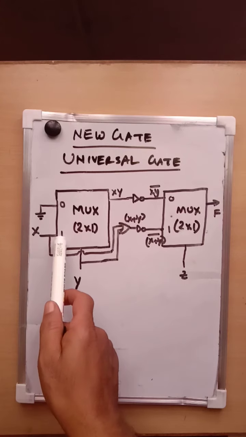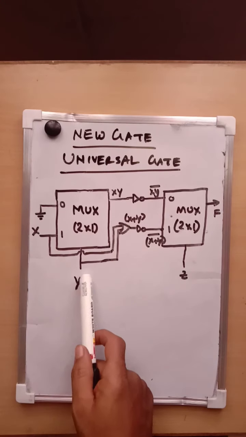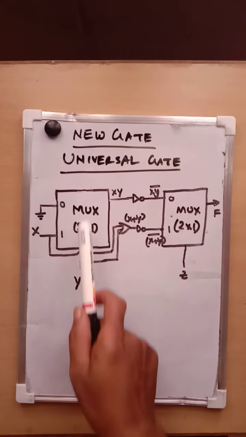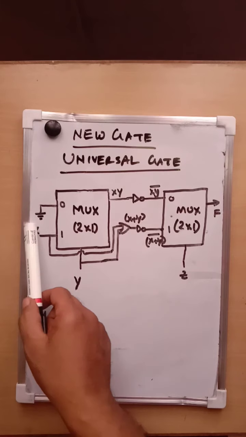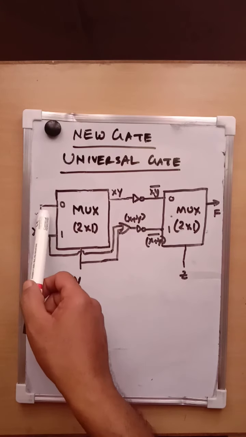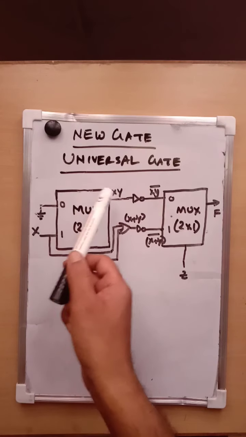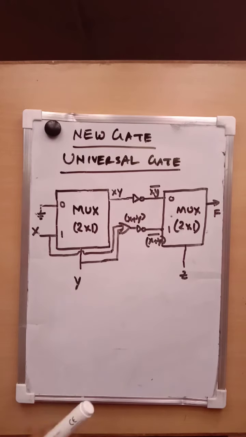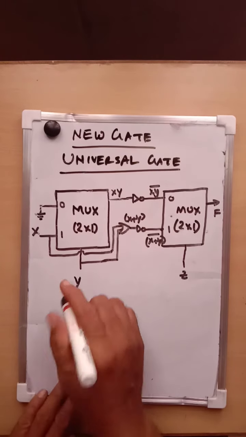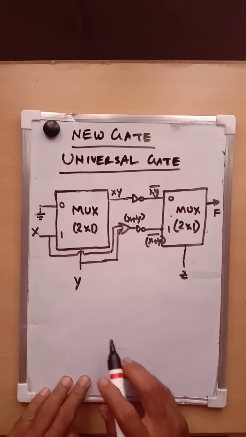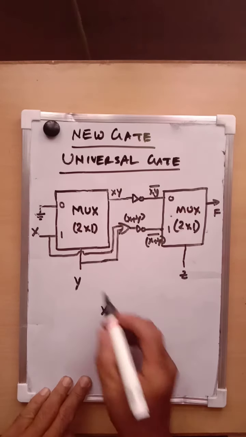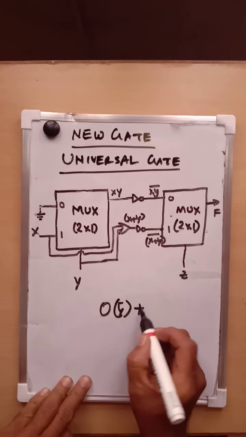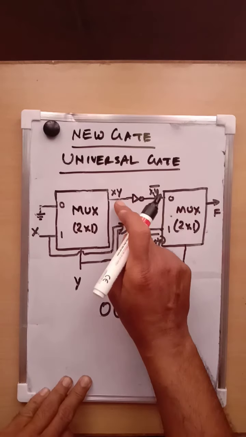This input is given as X, this select line is Y and this select line is Z. If Y is 0, the 0 input passes to the output, so no input passes. If Y is 1, then X passes. That means the output is 0 into Y bar plus X into Y.